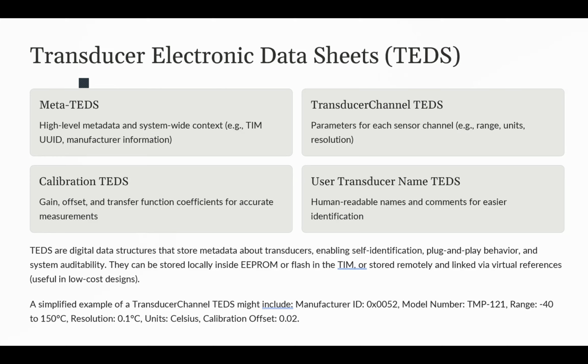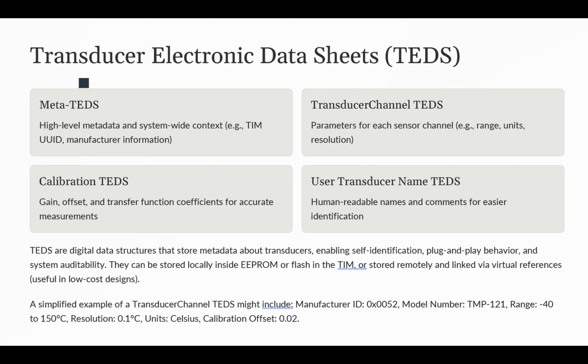Now, as we said, the calibration TEDS stores sensor data like gain, offset, polynomial coefficients, or other transfer functions that make sure that the measurement data is both accurate and traceable.